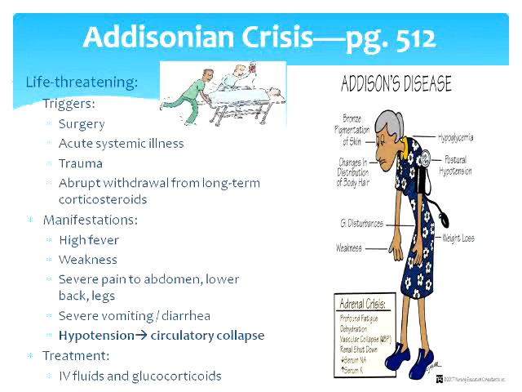All right. If the Addisonian problem is not taken care of, or any of these triggers, they can have a crisis, which also is life-threatening. The triggers: surgery, an acute systemic illness, trauma, or, once again, abrupt withdrawal from long-term corticosteroids.